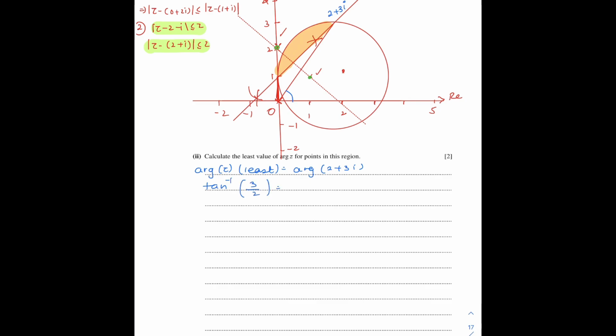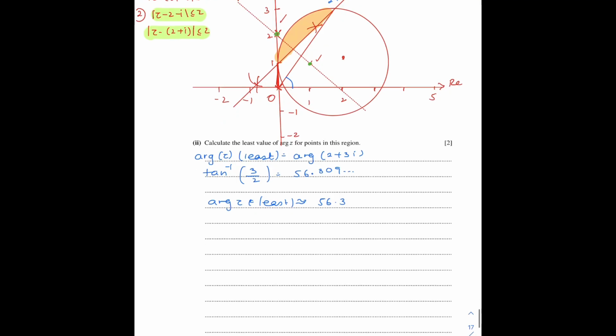So the least argument of z is the argument of 2 plus 3i. That's tan inverse 3 over 2, 56.309.